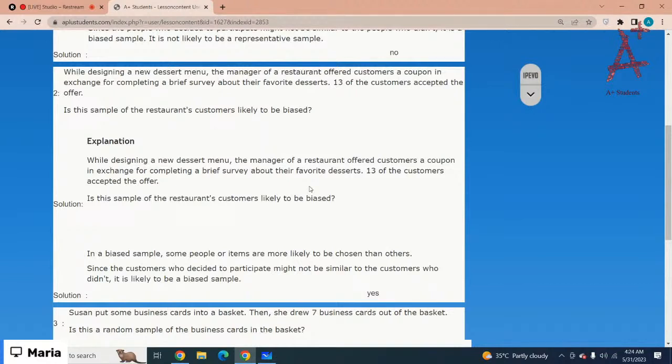So, in a biased sample, some people or items are more likely to be chosen than others. Since the customers who decided to participate might not be similar to those who didn't, it is likely to be biased data. Got it? So it would be biased data. The correct option is yes.